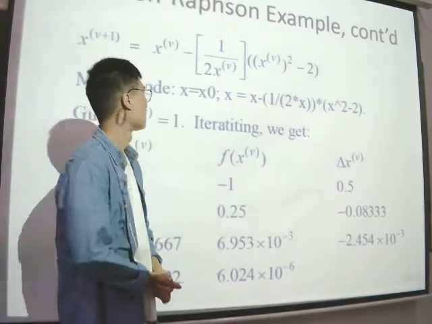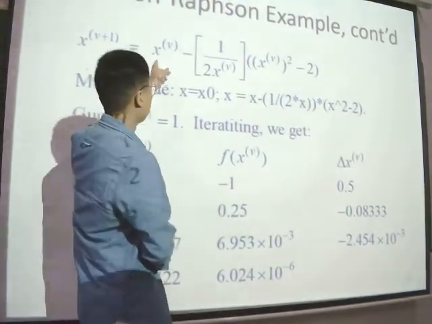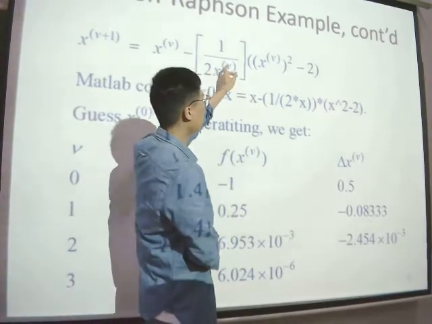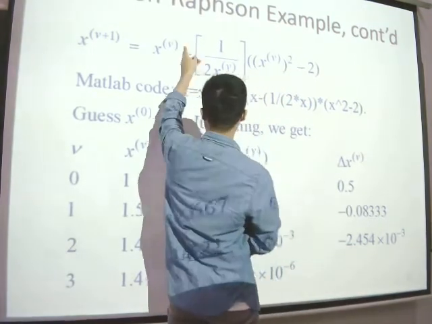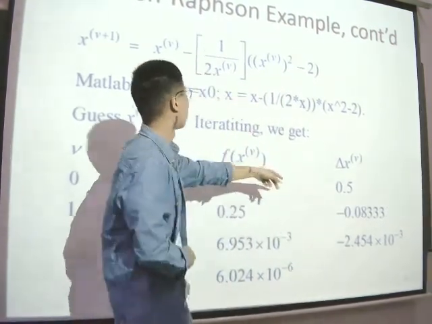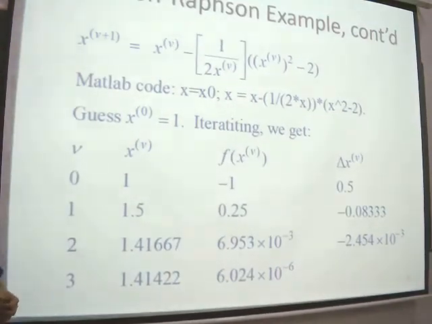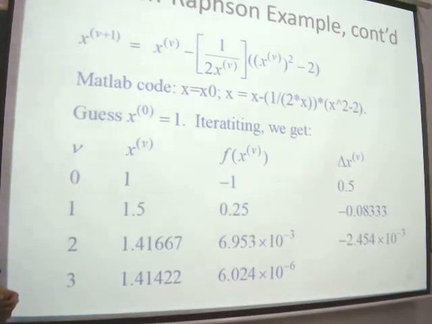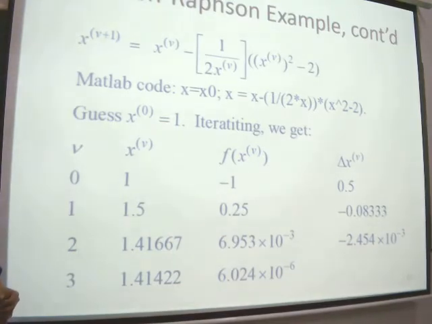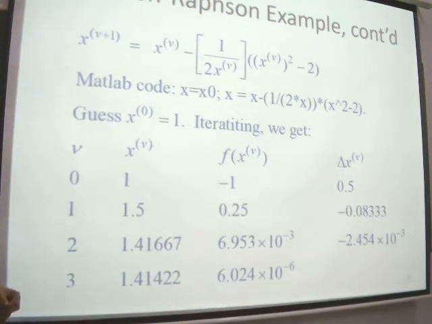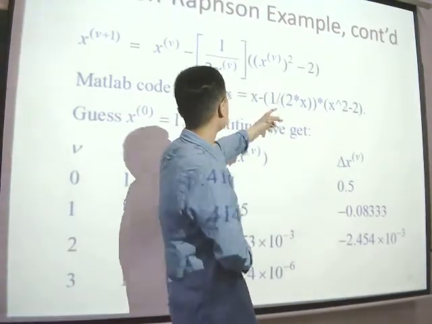Then the delta x is negative 1 over 2, negative negative, so here it is 0.5, okay? And then you get this delta x of 0.5.